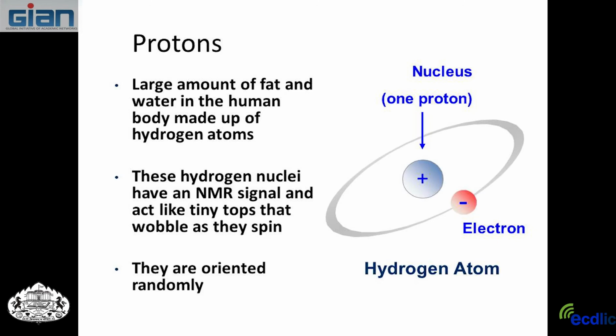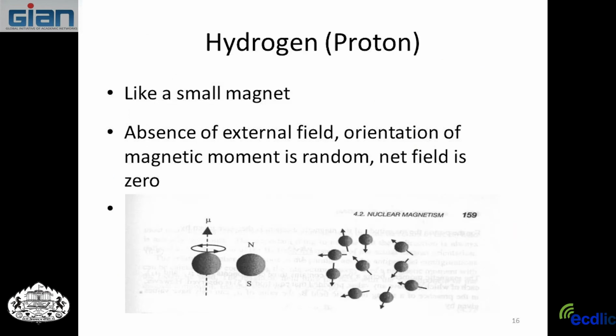Okay, so protons are present in a large amount of the fat and water of the human body, and these hydrogen nuclei have a nuclear magnetic signal and act like tiny tops that wobble as they spin. They're randomly oriented and they spin in a field. So the hydrogen atom, or the proton, acts like a small magnet.